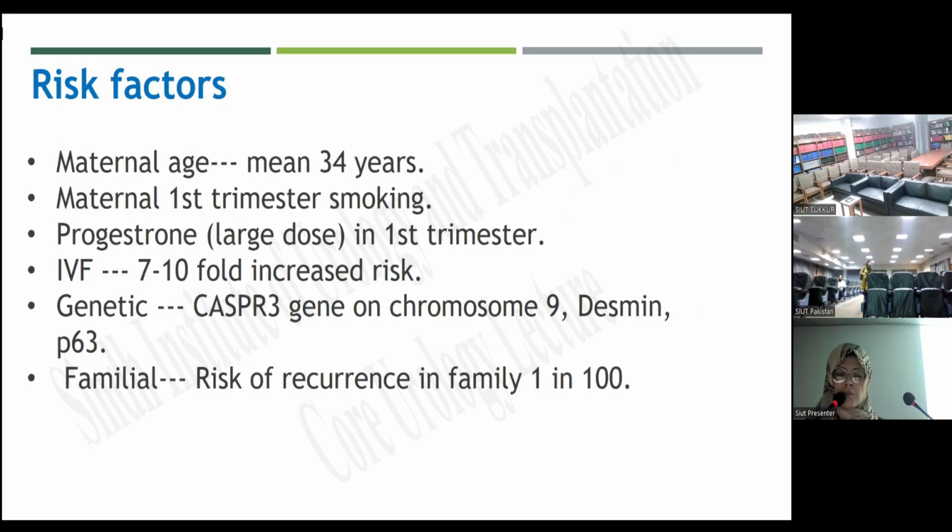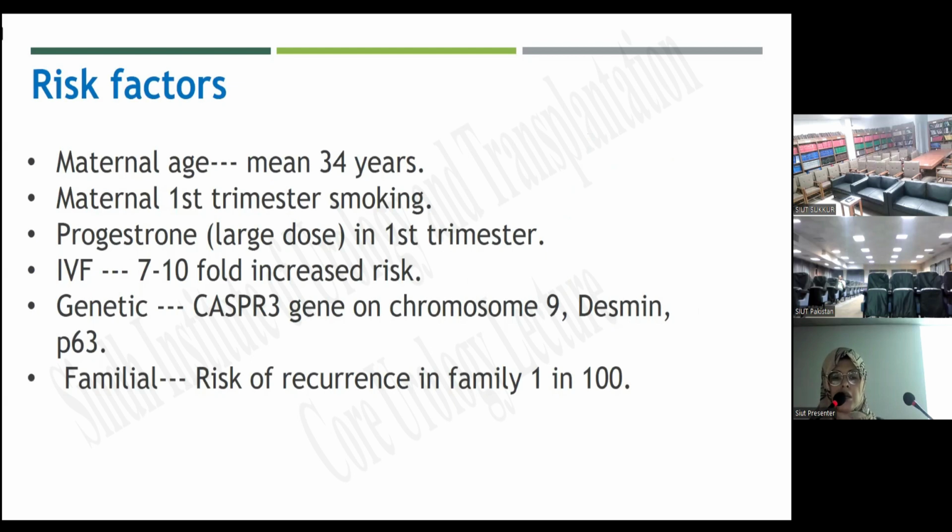Risk factors associated with the EEC are increased maternal age, on average 24 years, increased smoking during the first trimester, and high doses of progesterone taken by the mother during the first trimester. With in vitro fertilization, there is around a 7 to 10-fold increased risk.